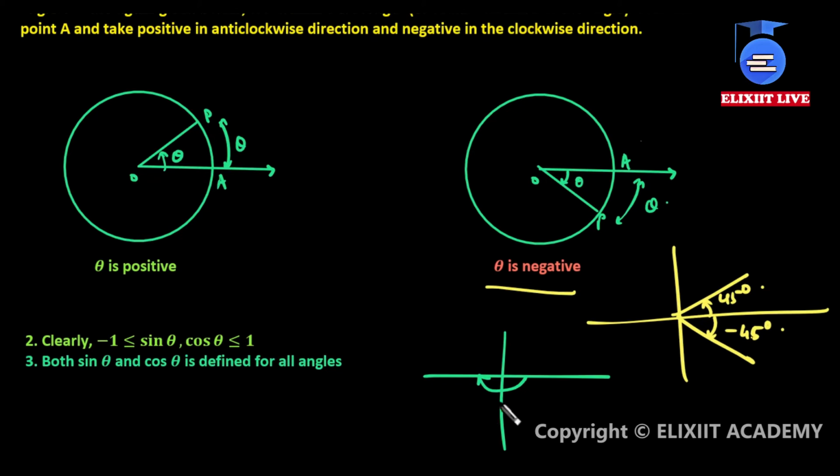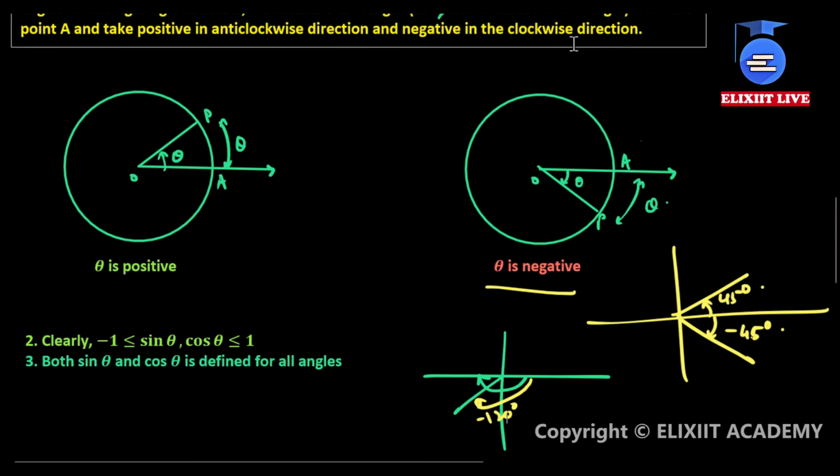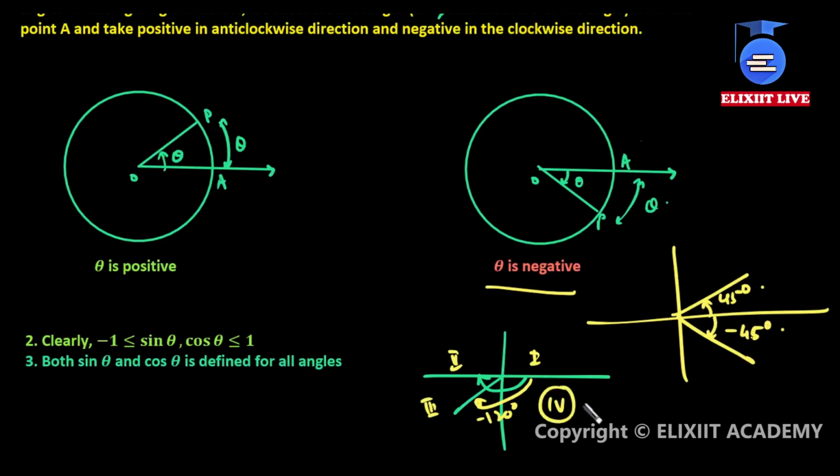So minus 120 will be somewhere over here. So it's a third quadrant angle. This is the first quadrant, second quadrant, third quadrant, and the fourth quadrant. So minus 120 degrees will be a third quadrant angle.